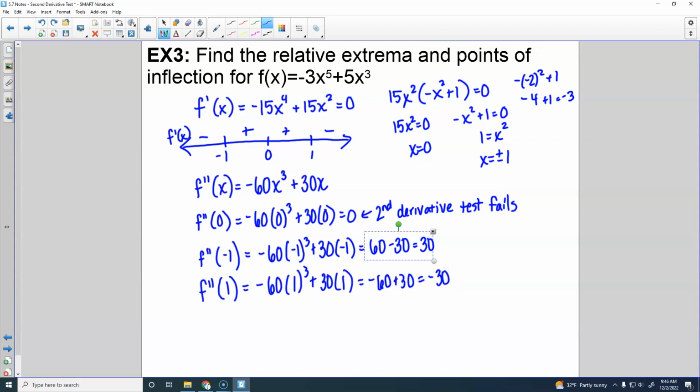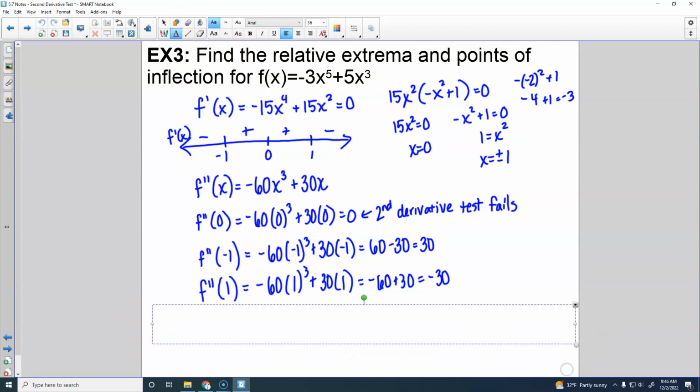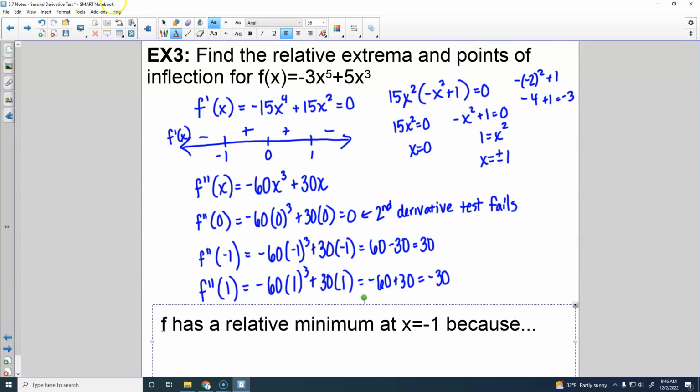So on this one, what you could write here is f has a relative minimum at x equals -1 because, and then you've got a couple options here. It depends on which test you want to use.